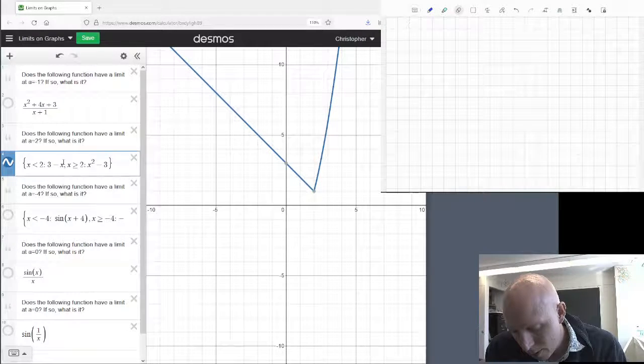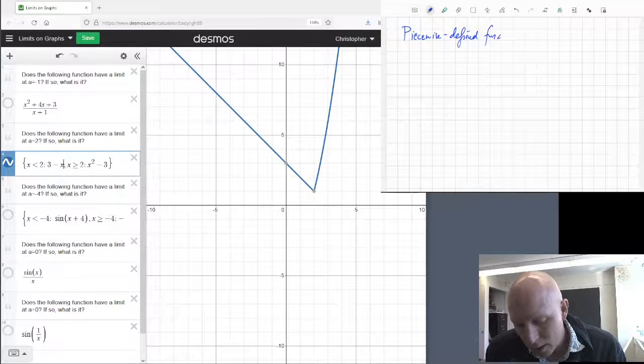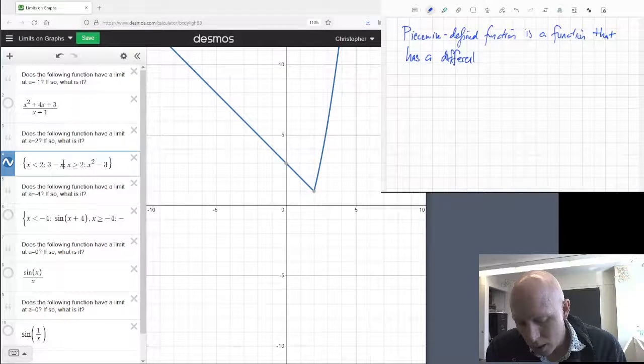A piecewise defined function is a function that has different rules on different parts of its domain.